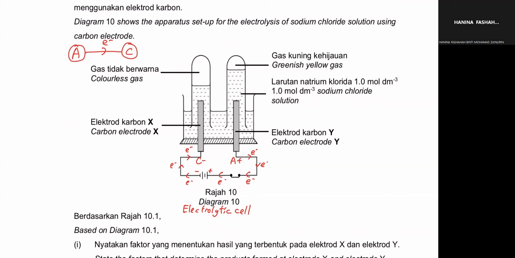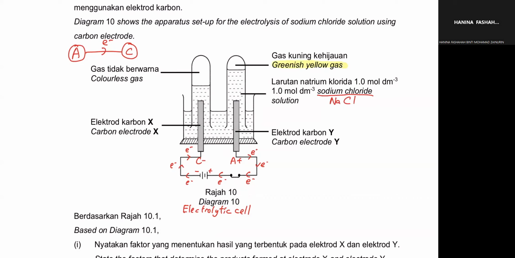Then you also have to know which ion is attracted to which electrode. Here they say greenish yellow, and they mention sodium chloride solution, NaCl. So what ions does it have? Na plus and Cl minus.